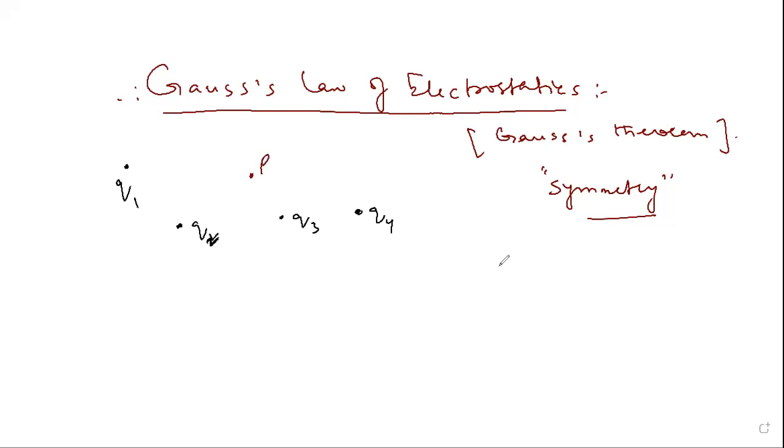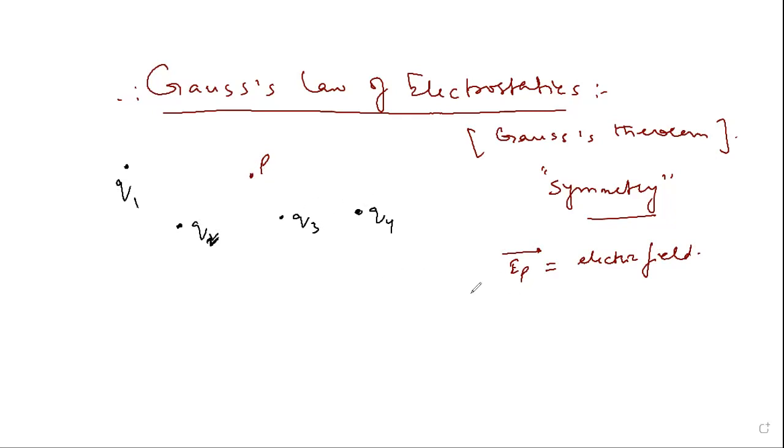Now, the electric field at this point P is EP. That electric field, from the superposition principle, will be the sum of E1, the electric field due to Q1, E2 due to Q2, E3, E4.